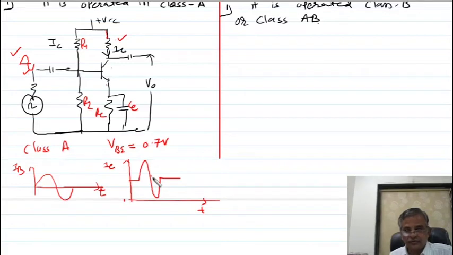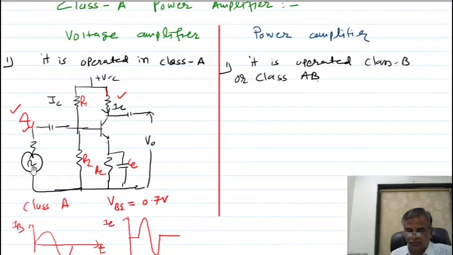Now, let us see what class B operation is. In class B operation, the base emitter voltage is kept 0. How can you keep this 0? We will see that in a circuit.